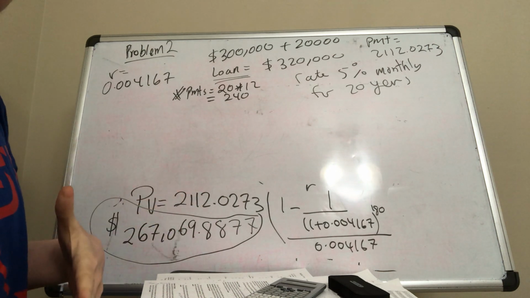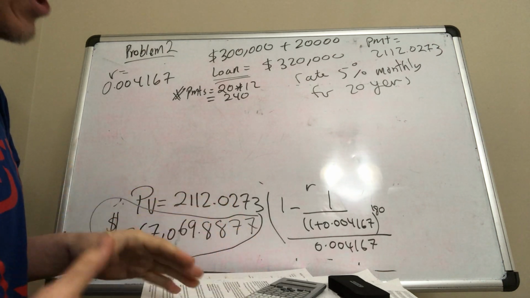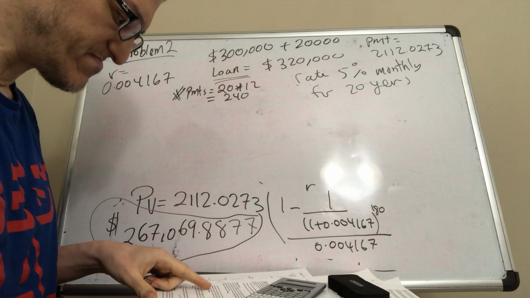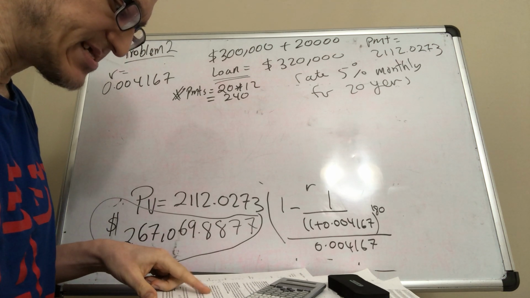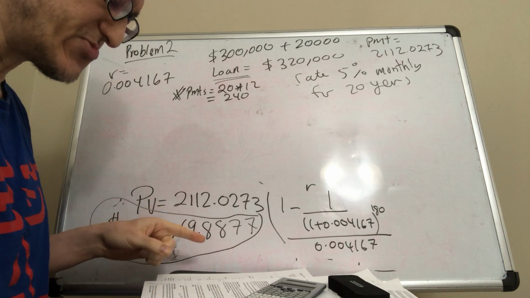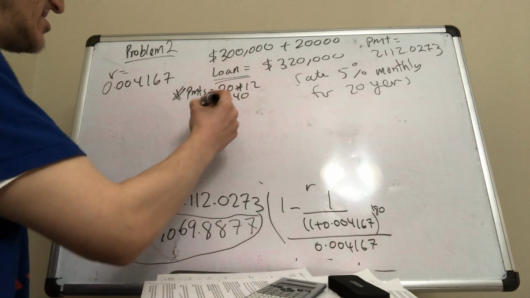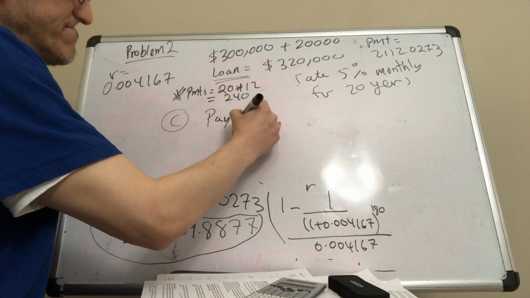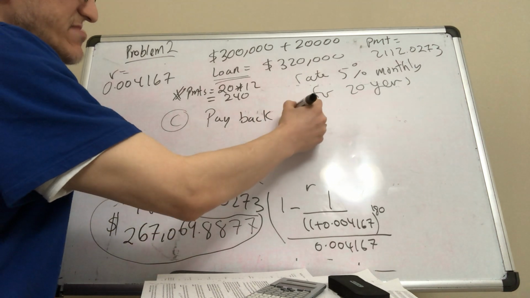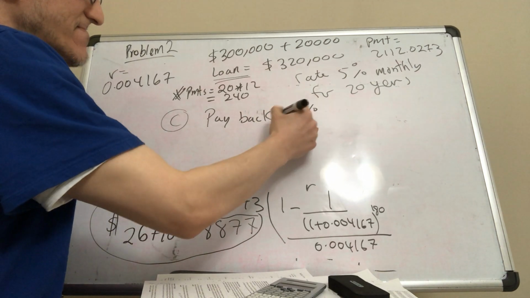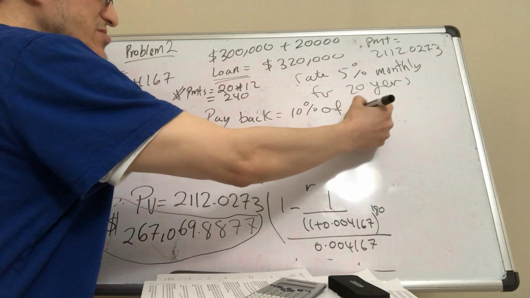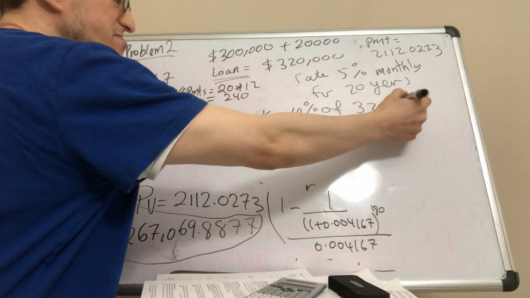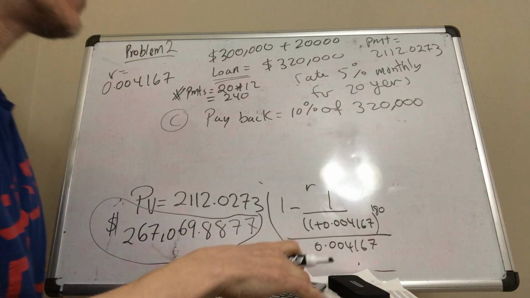Now after 5 years, they tell you in B, if you remember, you can pay down 10% of the original amount. So we're going to pay back 10% of the original amount, which is 320,000.